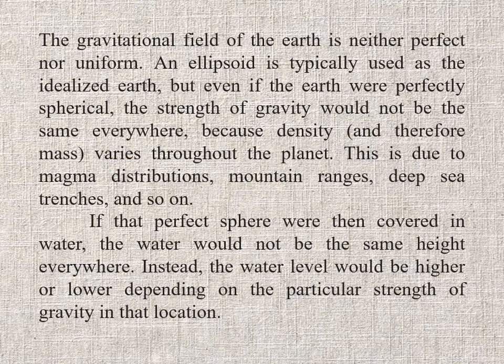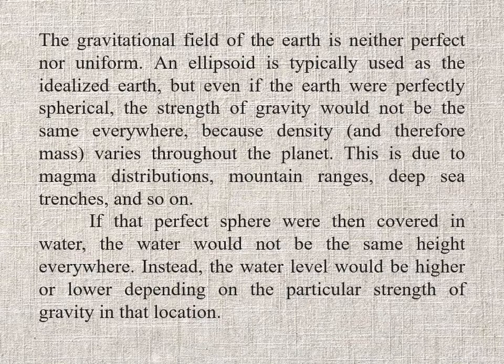The gravitational field of the Earth is neither perfect nor uniform. An ellipsoid is typically used as the idealized Earth, but even if the Earth were perfectly spherical, the strength of gravity would not be the same everywhere, because, as we know, the different portions of the Earth, the mountain ranges, the deep sea trenches, the mid-oceanic ridges, are made up of different material, and depending on the variation of the material, the density of the earth at those points also varies.